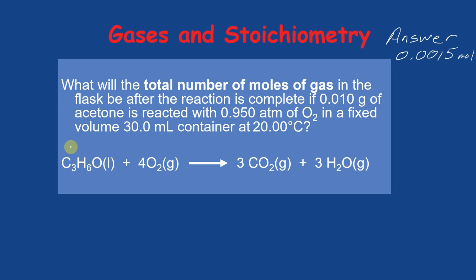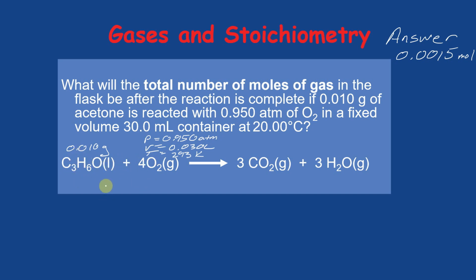In other words, you have 0.010 grams of this, which you clearly are going to have to convert to moles, but they also give you the pressure, which is 0.950 atm of oxygen, the volume of it, which I'm going to go ahead and switch right now because we know we're going to need it in liters, and the temperature, which is 293 K, maybe 293.15 if you wanted to add that. So these three things are going to have to get to moles, and that has to get to moles. It is clearly a limiting reagent.